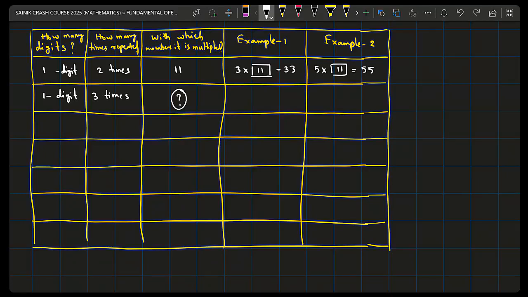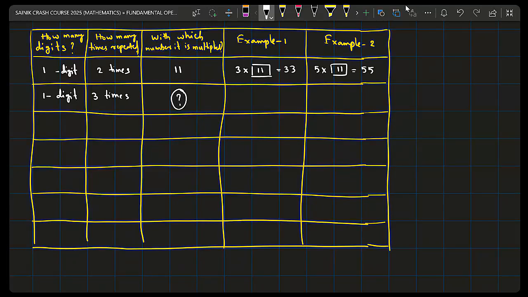I want to repeat a one-digit number three times. With which number should we multiply? Sir, 111. Yes, 111. Very good.